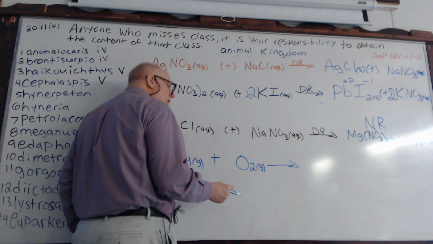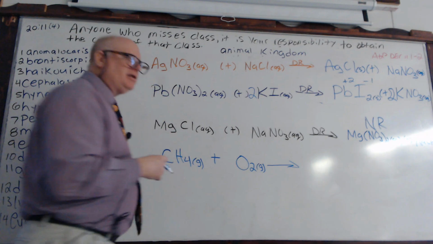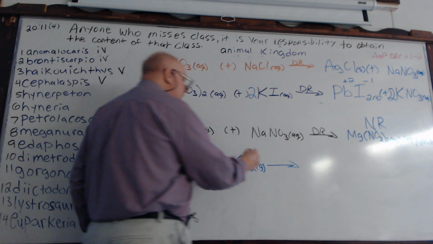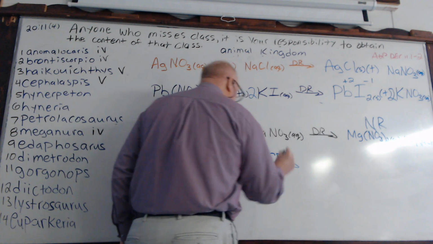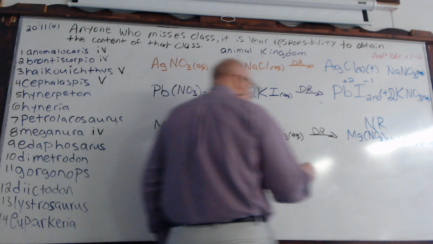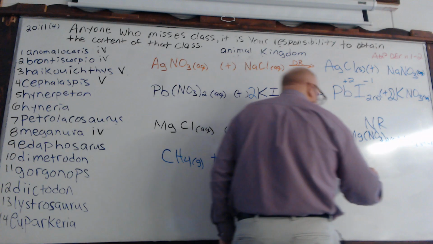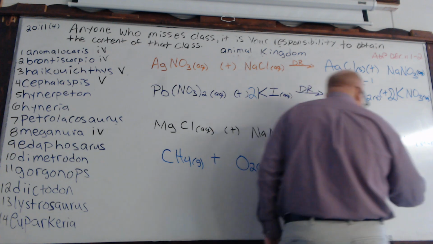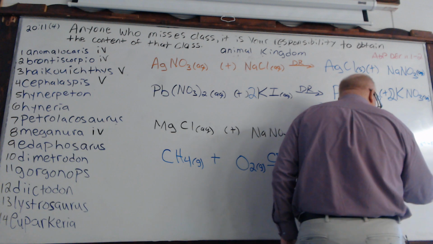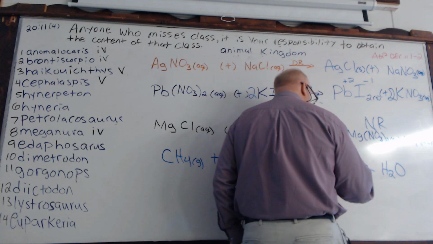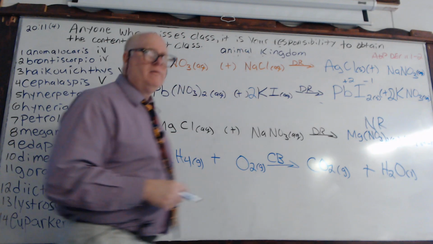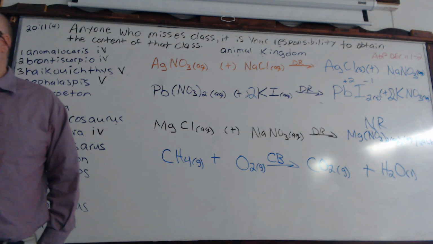Okay? So what type of reaction does this look like? We've got a hydrocarbon combining with oxygen. It is a combustion reaction. Okay? So then what is produced in all combustion reactions? So then we don't have an aqueous solution over here. We've got a gas and a liquid. Water's a liquid, plain and simple.